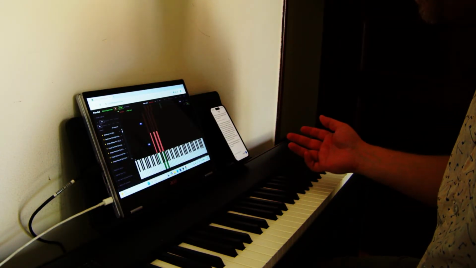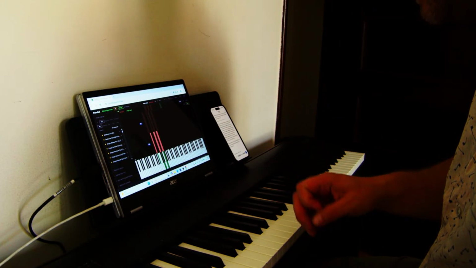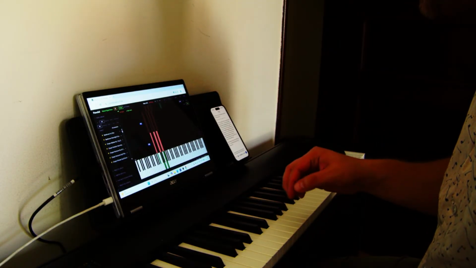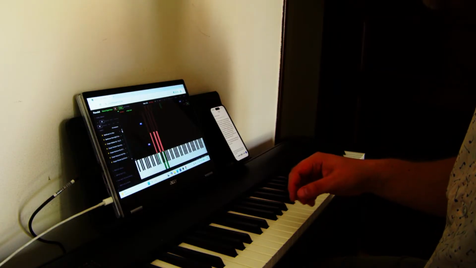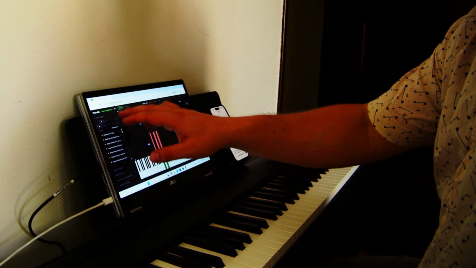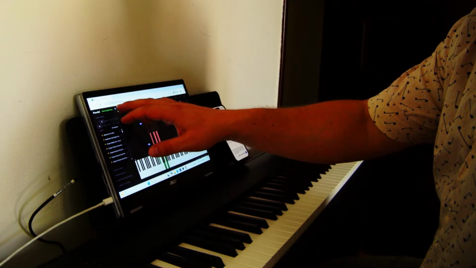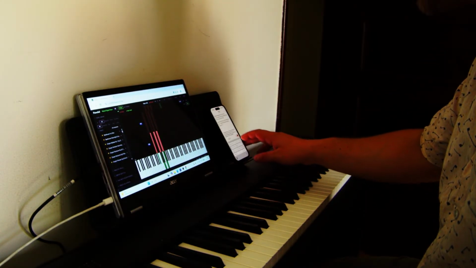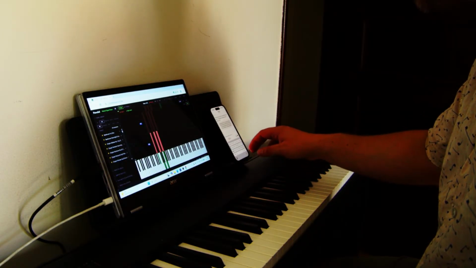I do literally hear the sound coming from my piano and then the Tone.js sound playing as well, even though mute is enabled. Anyway.